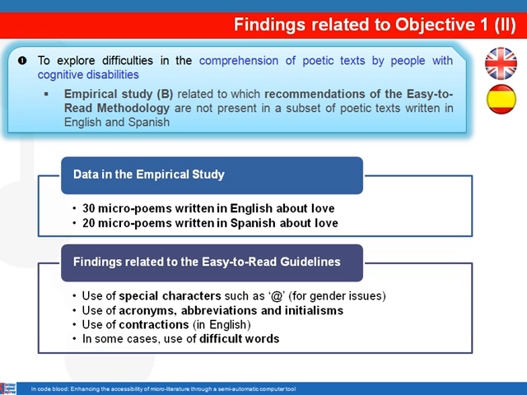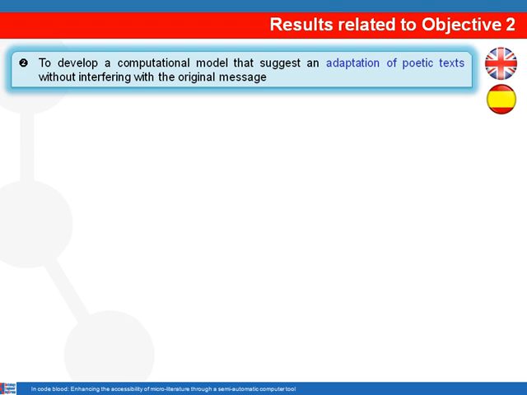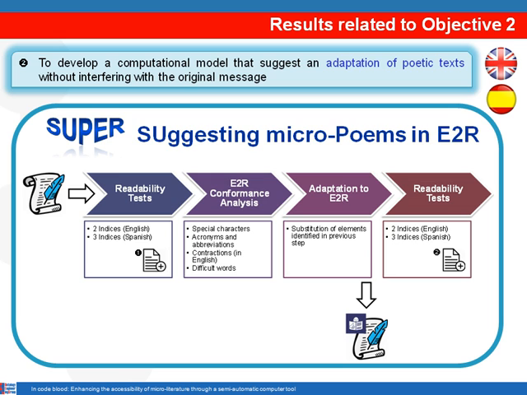Now, we move to our second goal, the development of a tool that proposes adaptations of micropoems that are not according to the easy-to-read methodology. To fulfill this objective, we have developed a proof of concept called SUPER, suggesting micropoems in easy to read.